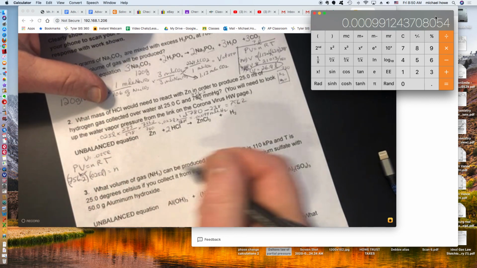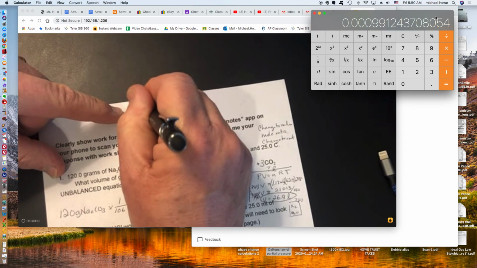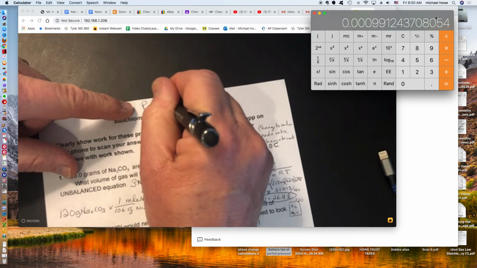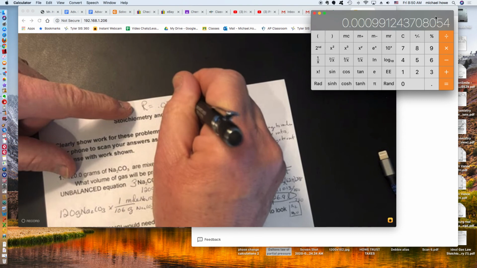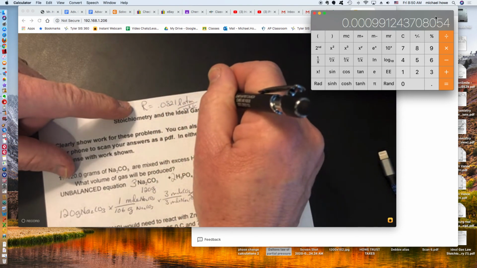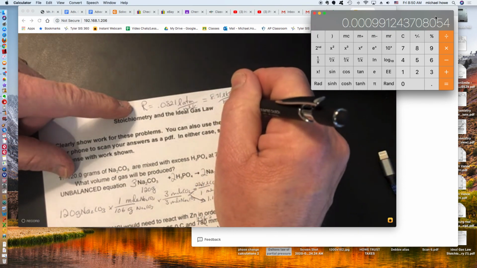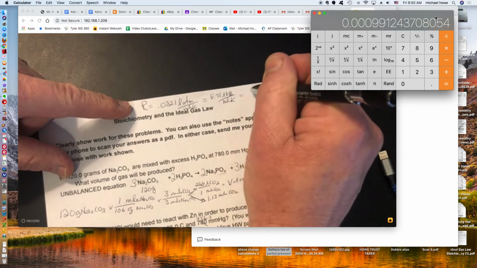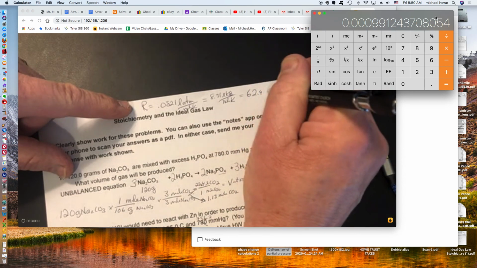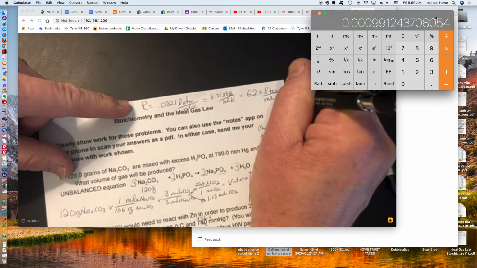R has 3 values. I'll write them up here to remind you. R equals 0.0821 liter atmospheres over mole Kelvin, equals 8.31 liter kilopascals per mole Kelvin, equals 62.4 liter torr per mole Kelvin.